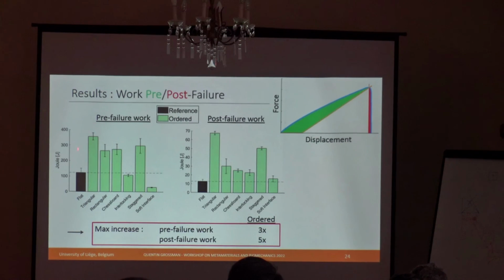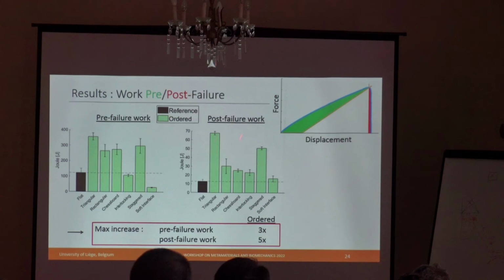The pre-failure work has increased drastically compared to the flat one in 4 of the different configurations, not in the soft interface and the interlocking, because as you saw on the graph, they perform less than the flat case. And it is identical for the post-failure work, with a strong emphasis on the triangular pattern, which presents the highest performance in both cases.